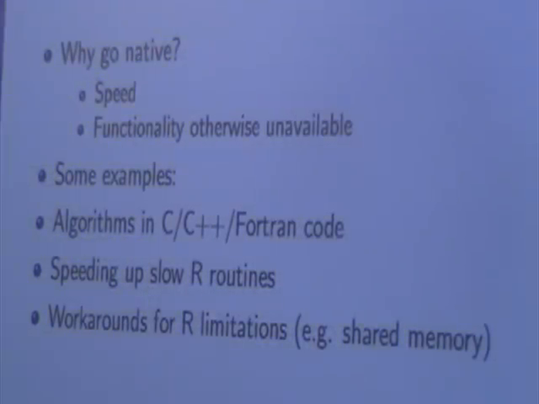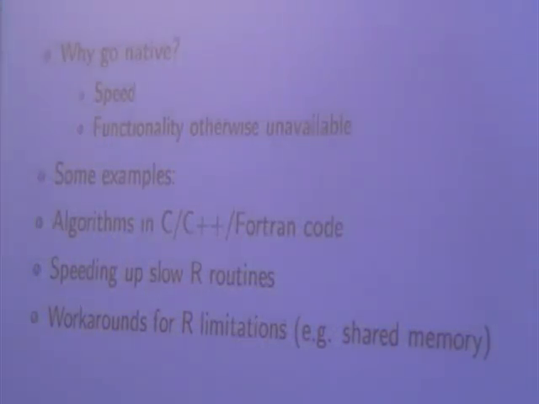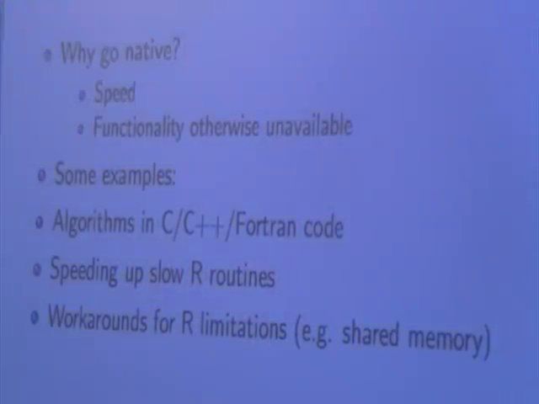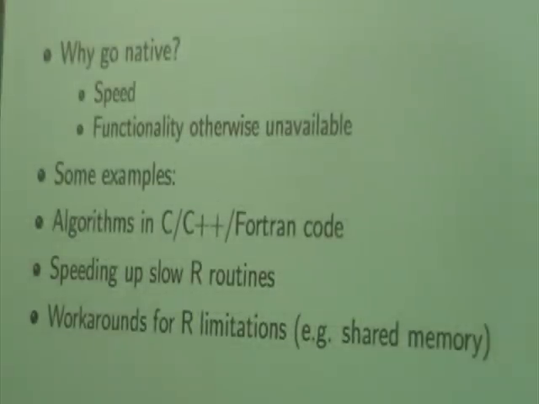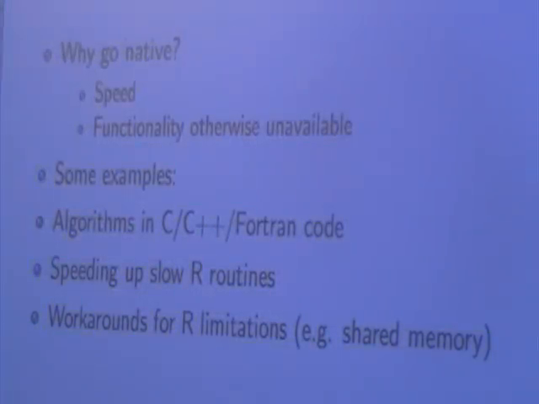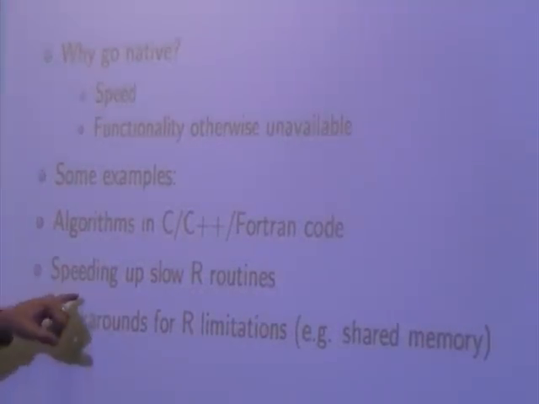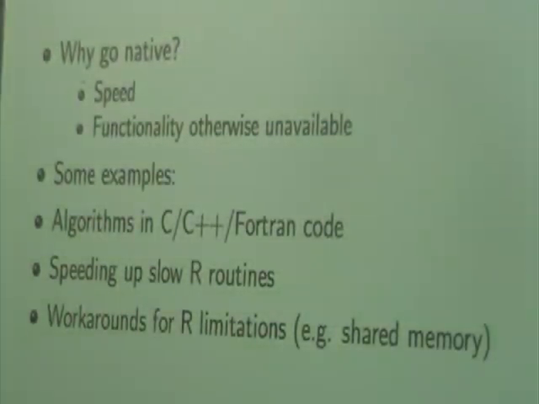I've done this a couple of times at work for interfacing to systems that provide data where there's no other way to access the data except via, say, a C++ interface, but I really want to get the data conveniently in R. So I write a package that's a wrapper around this C++ API, and then I can access the data transparently and easily.